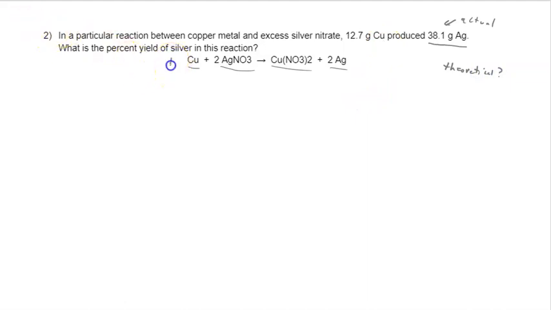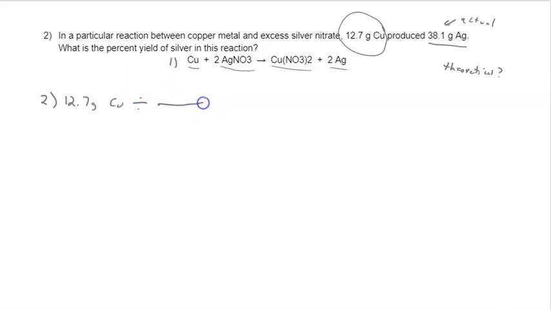Step 1 has already been done for us. We already have that balanced reaction, so we will just jump right into step 2. We're going to take our given quantity, 12.7 grams of copper. Now, we need to get this into moles. So to get into moles, we divide by the molar mass.